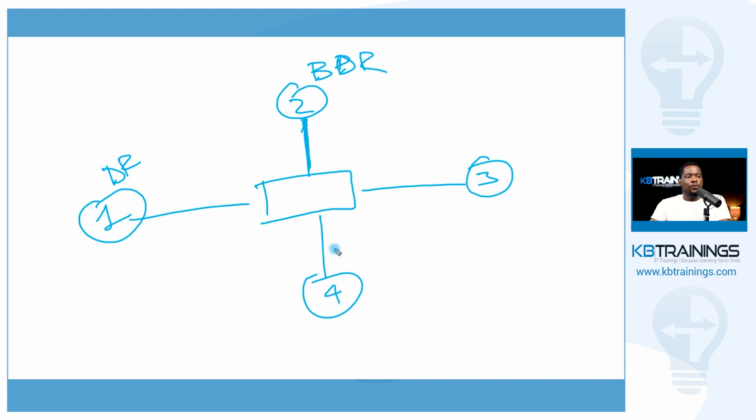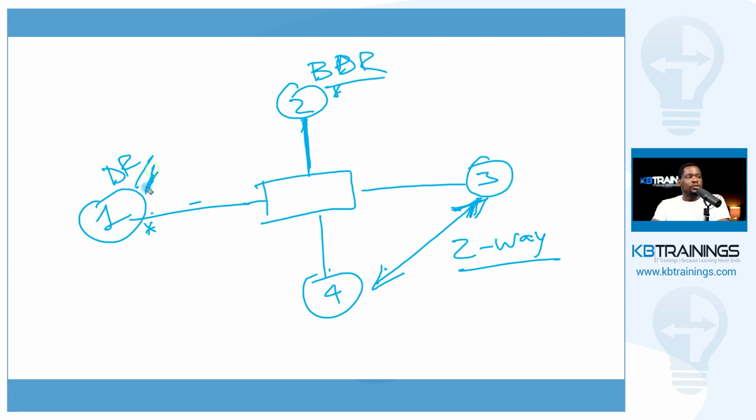Router 3 and router 4 are going to be fully adjacent only with router 2 and router 1. Between them, they are going to stop at the two-way state, which means they know each other. They see each other in their hello packets, but they are not fully adjacent, which means that they don't share their copies of the link state database. However, they share the same copy with the BDR and the DR.